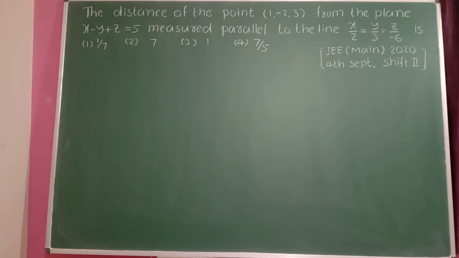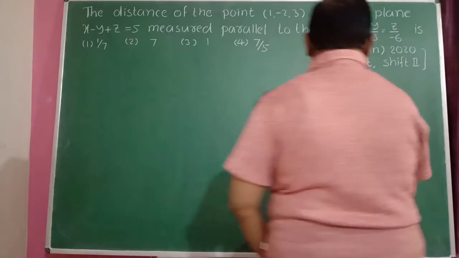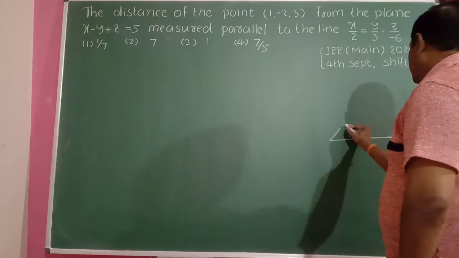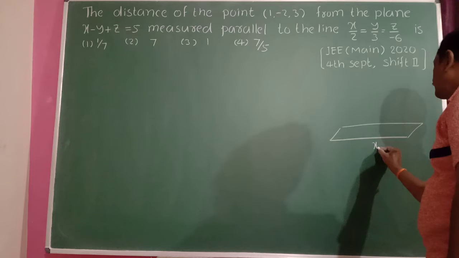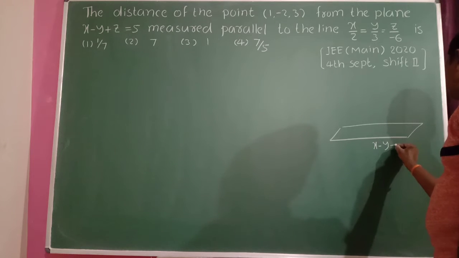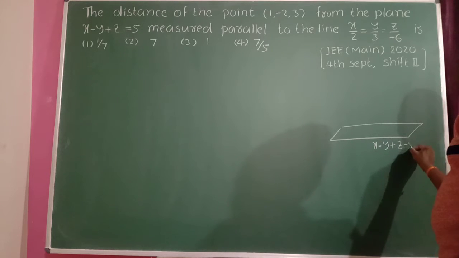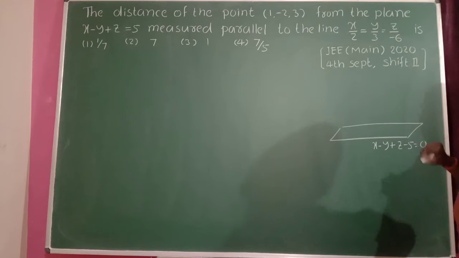The distance of the point 1, minus 2, 3 from the plane x minus y plus z equal to 5 measured parallel to the line. So there is a plane, already given. The equation of this plane is x minus y plus z minus 5 is equal to 0.